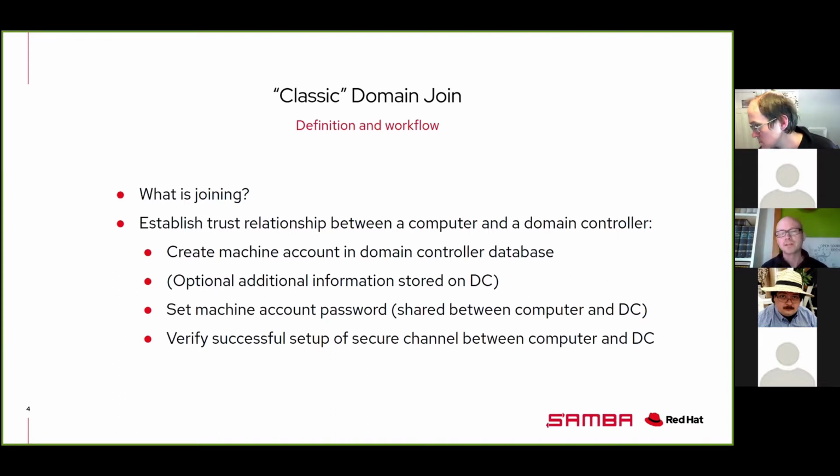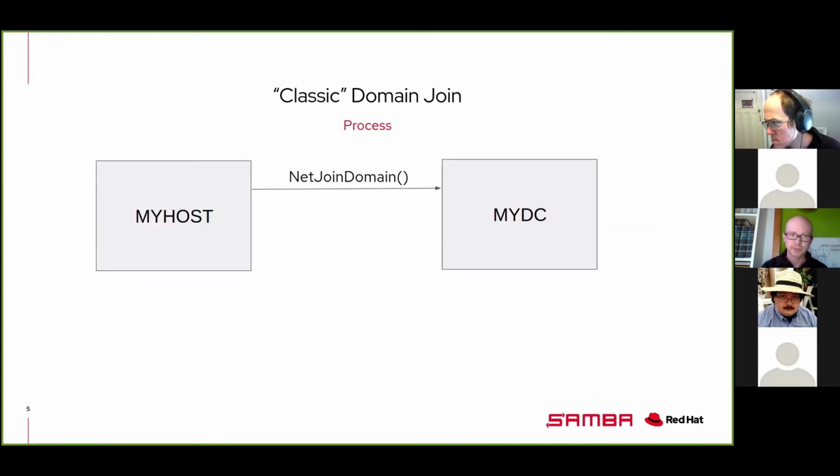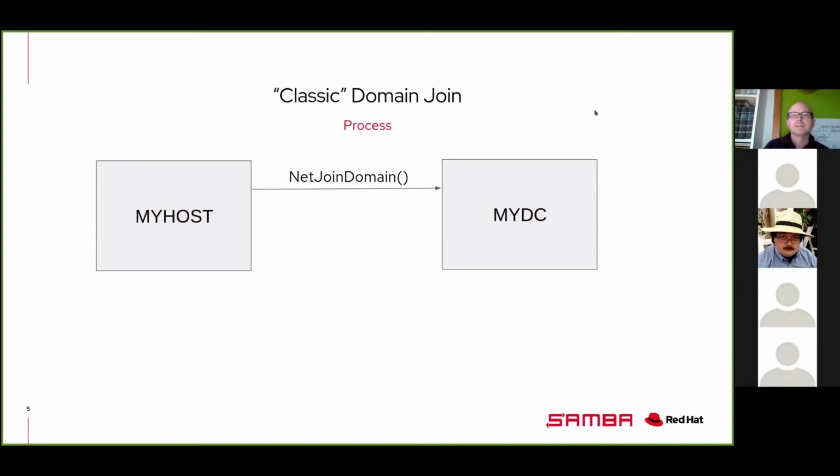So in this classic understanding of a domain join, you have two parties. You have a computer and you have the domain controller, and these two communicate with each other. So I try to visualize it a little bit. I'm very bad with these kinds of graphics, so please don't expect too much. On the left side, you have typically a computer, be it a Windows 10 workstation or so.